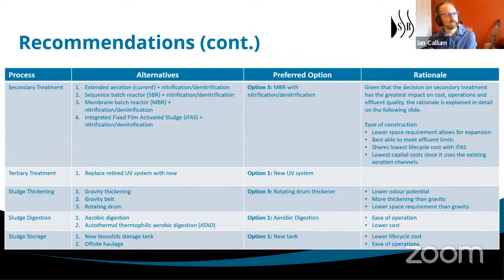So you can see similarly here for secondary treatment, tertiary treatment, sludge thickening, digestion, and sludge storage. These are the sorts of options that were considered. And going forward, maybe I'll highlight here, and I know we go into a little more detail later, a big part of the treatment process is that secondary treatment. Currently, there's extended aeration that is used at the facility.